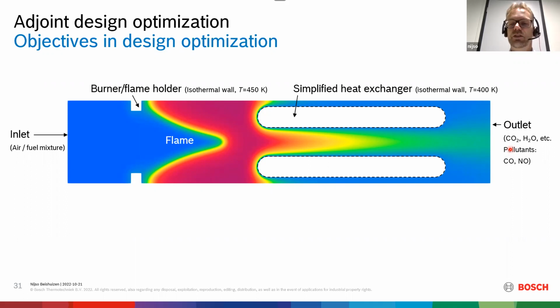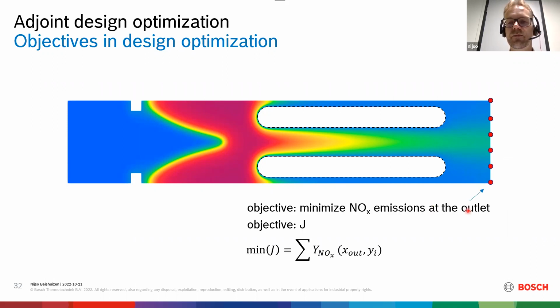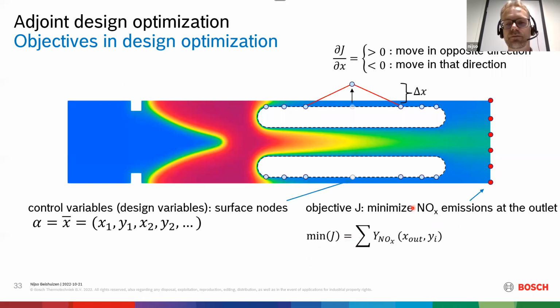The primary function of the heat exchanger is, of course, to extract as much heat as possible from the hot gases. But we also want, of course, very low CO and NO emissions. So let's say we want to minimize NO. Our objective function J is the mole fraction of NOx at the outlet. To achieve our objective, we can modify a set of control variables, also called design variables.